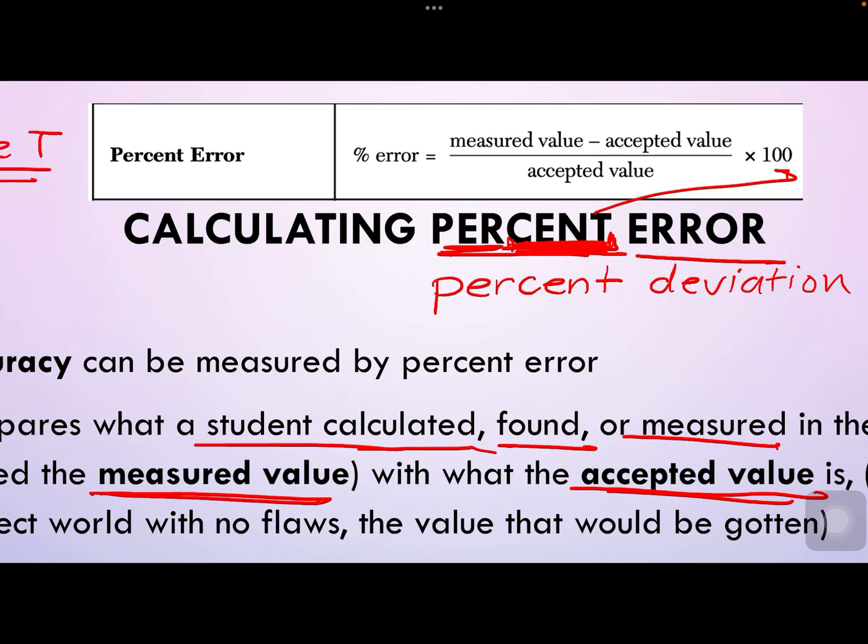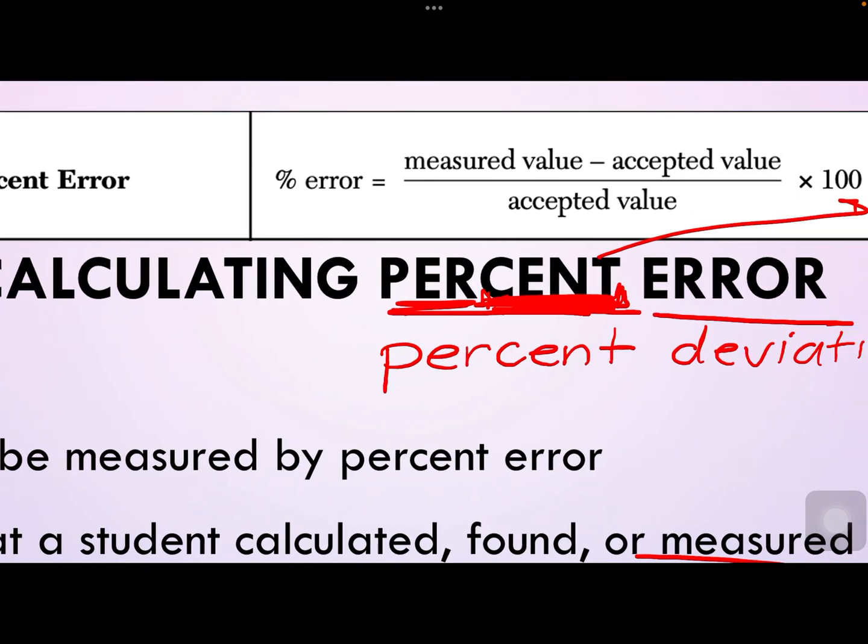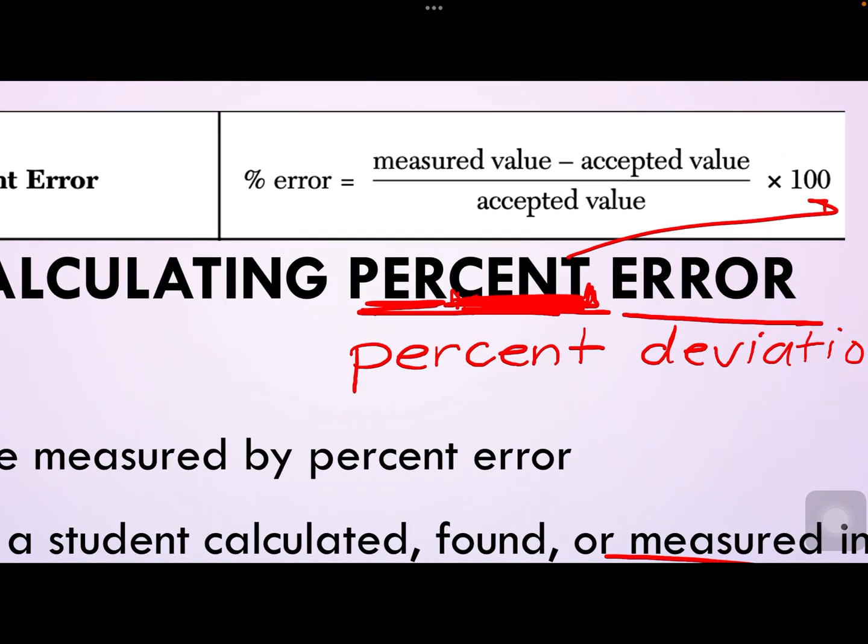And so what you're going to do is take the measured value, this is on your page 2, the measured value is what you got, subtract the accepted value, which is what the true value is, then divide by that true value and multiply that answer by 100. Now, you're doing 3 different operations here. You're doing the subtraction, you're doing division, and then you're doing the multiplication.